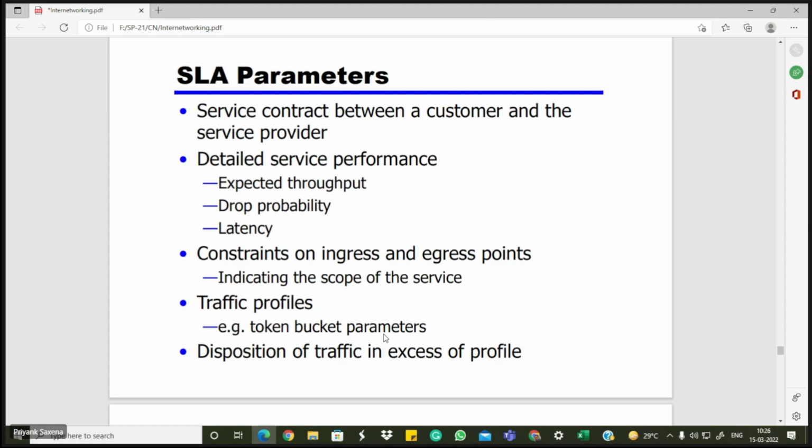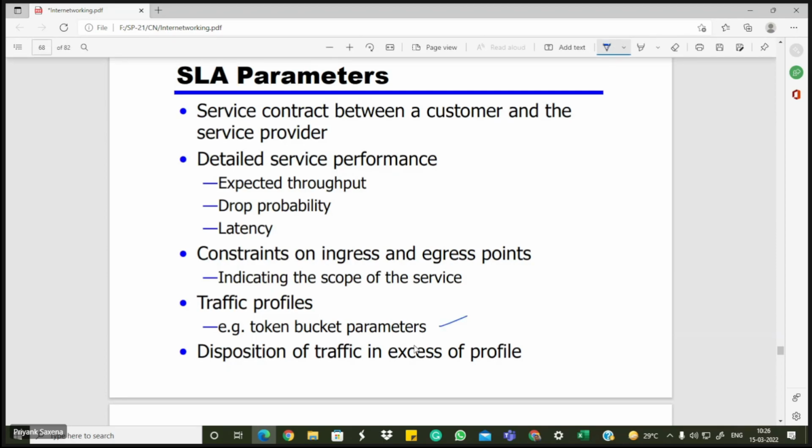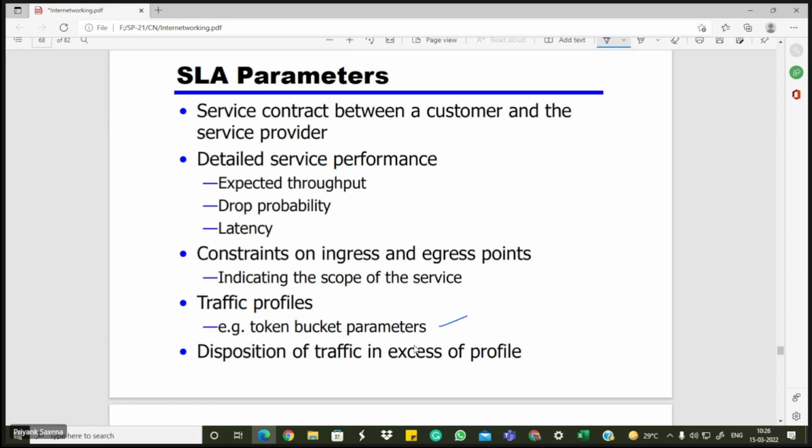Suppose a source is bursty, in that case the flow is very excessive, and that may cause congestion in the network. So how should the traffic be shaped? That is what traffic profiling does using the token bucket scheme.